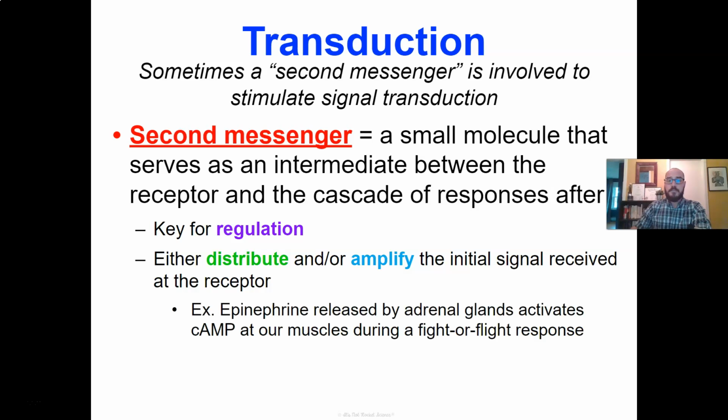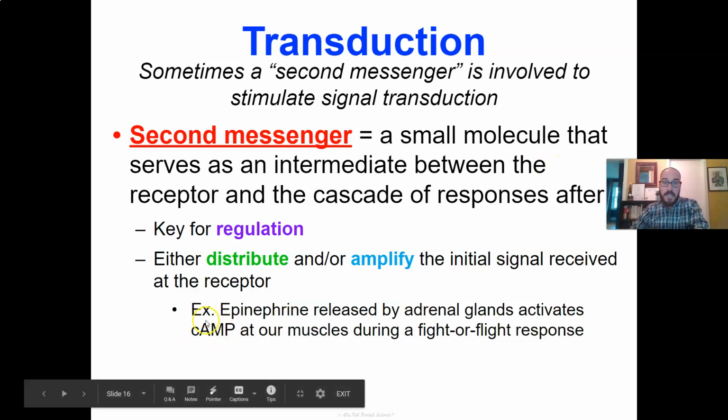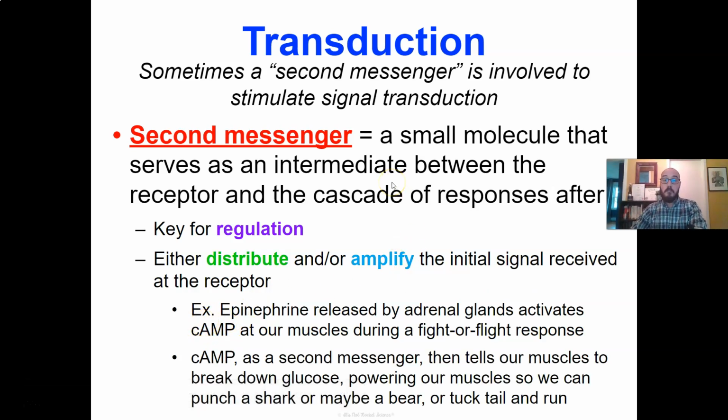All right. So a really good example of this is epinephrine and the fight or flight response. If you're in a situation where you either need to put up or shut up, right? You're going to run away, or you have to fight something. Your endocrine system releases a bunch of epinephrine, and that activates this thing called cAMP in your muscles, and cAMP basically tells your muscles to break down glucose.